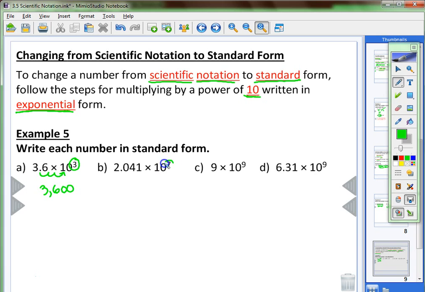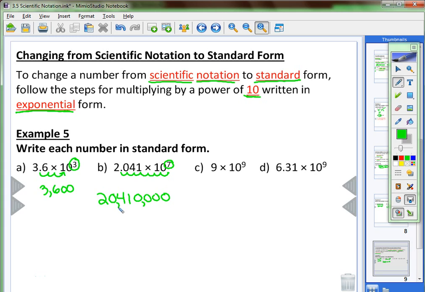In part B, the exponent is 7, so the decimal point has to move 7 places. So it's 2041, and then we need 4 extra zeros after it. So it becomes 20,410,000.